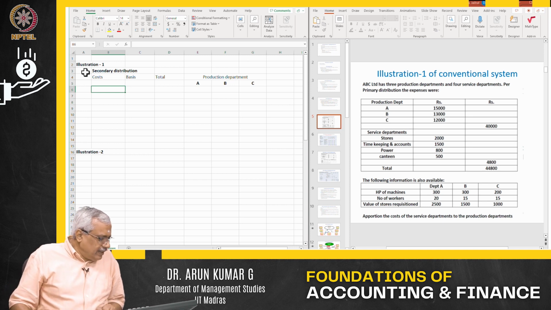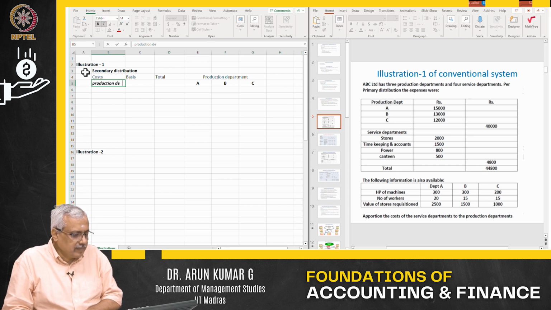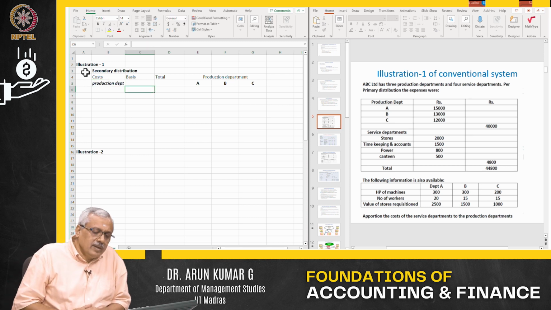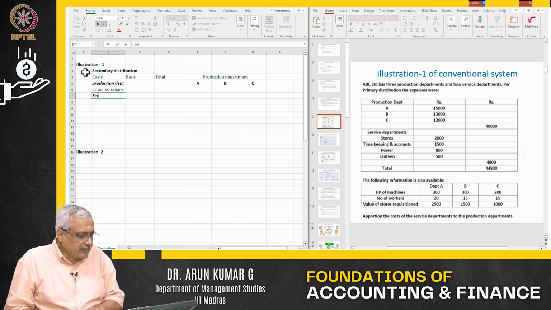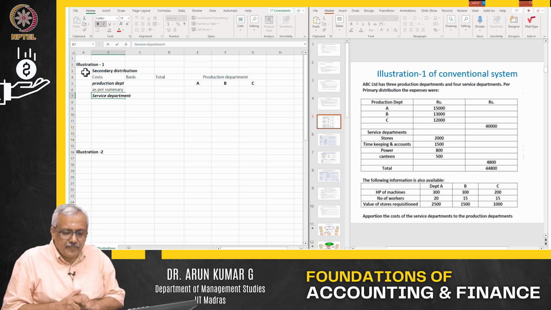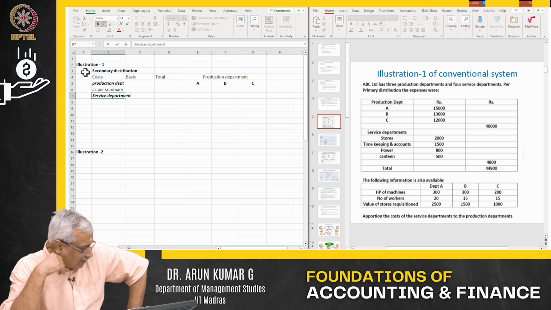Now, let us look at the production departments, as per summary. Let us look at the service departments. What are the service departments? Stores, timekeeping and accounts, power and canteen.